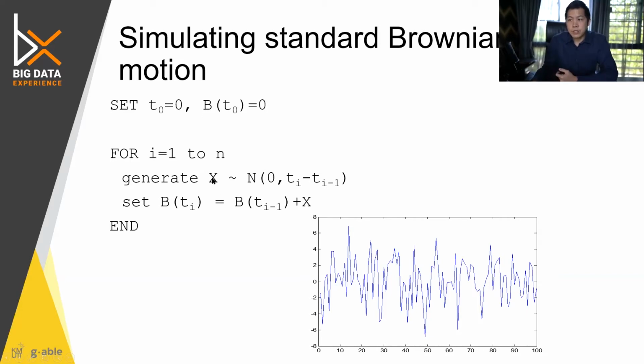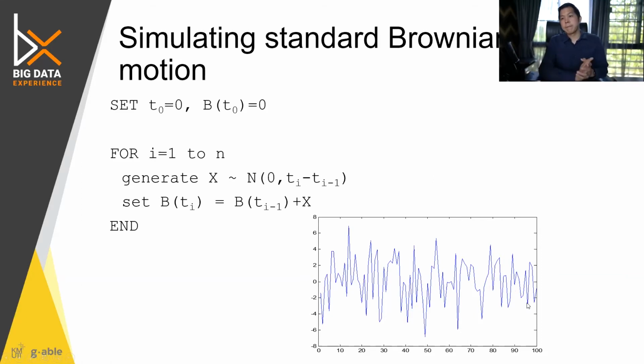Generate x, which is sampling from a normal distribution with mean 0 and variance equal to ti minus ti minus 1. And add this x to the Brownian motion. This would look like this graph, right? It's kind of going random.